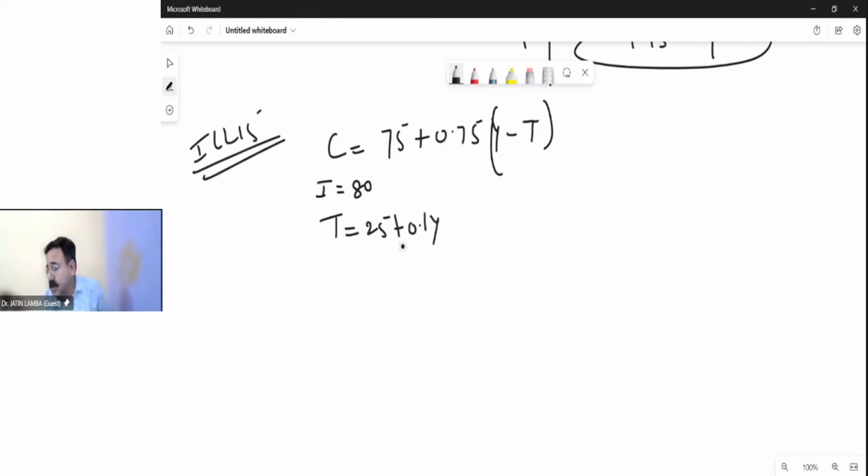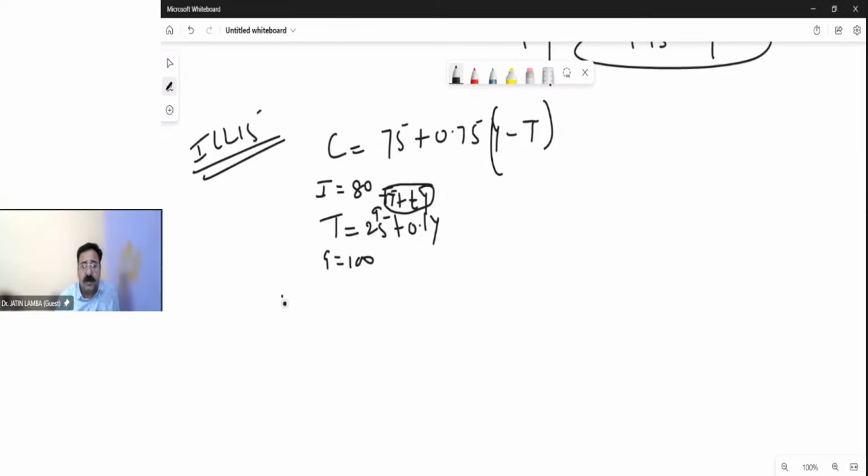It means 25 is the autonomous tax, that is T bar, and the tax rate t is 0.1, that is 10%, times y. This is the form, T bar plus t y. I is given. What is G here? G is given as 100.